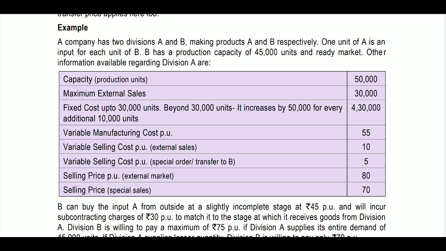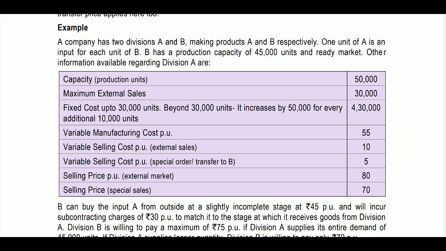Beyond 30,000 units, for every additional 10,000 units up to 50,000 it will increase by 4,30,000.